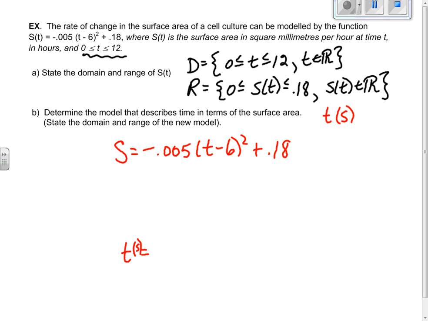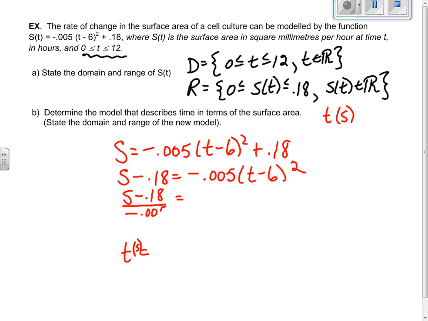I am going to subtract 0.18. Inverse order of operations, I would divide by -0.005. I would take the square root, impose the square root on both sides.